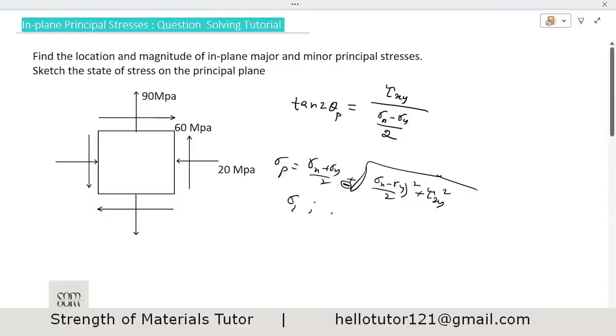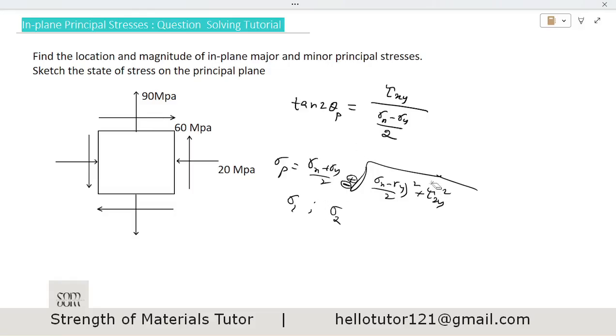The minus sign gives the minor principal stress. This one is the major, corresponding to the plus sign. But the problem again is that we wouldn't know which stress belongs to which plane. We would get two values and that's it.